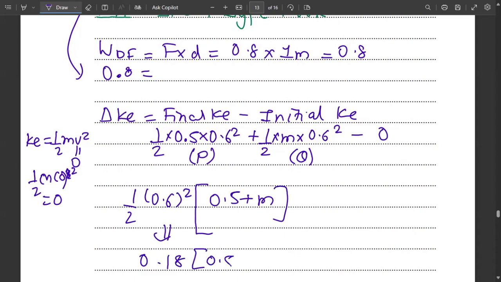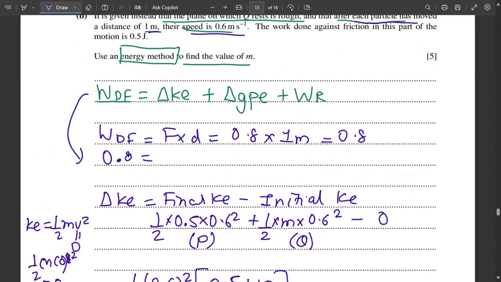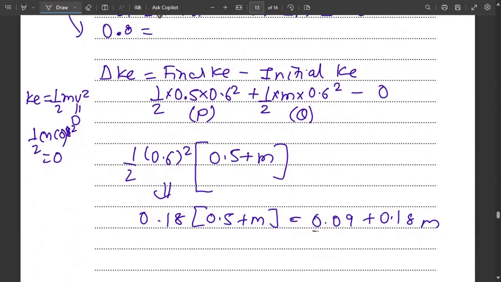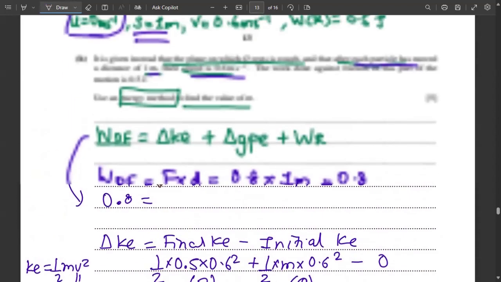So 0.18 into 0.5 plus m. Further simplifying, 0.18 into 0.5, I'll get 0.09. So 0.09 plus 0.18 m. So the delta KE is 0.09 plus 0.18 m.